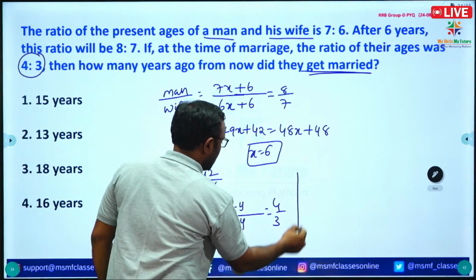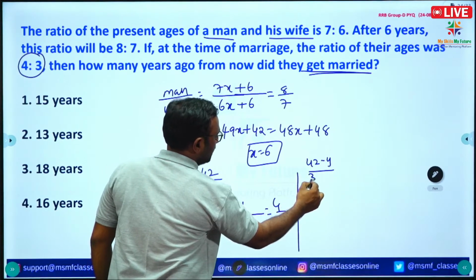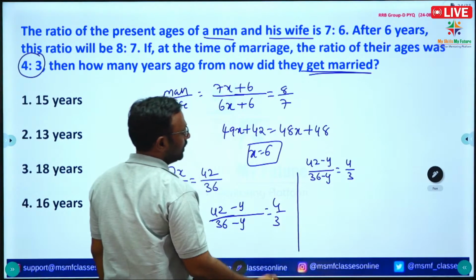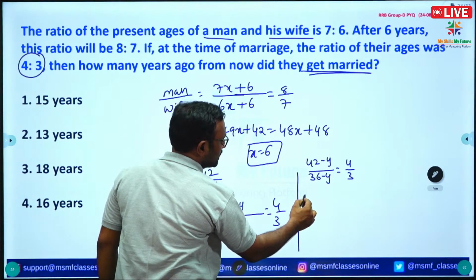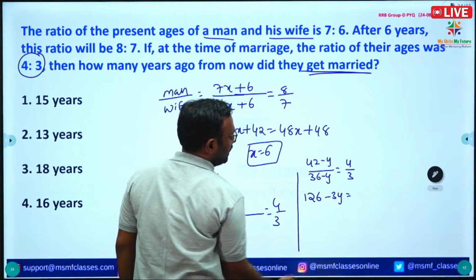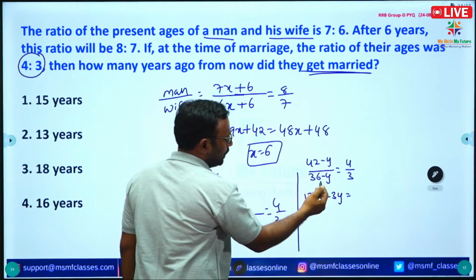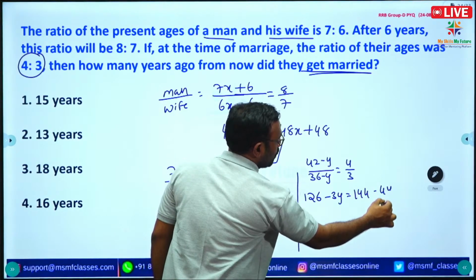Right, see here, (42 minus y) by (36 minus y) is equal to 4/3. So 42 into 3, we get 126, minus 3y is equal to 36 into 4, which is 144, minus 4y.